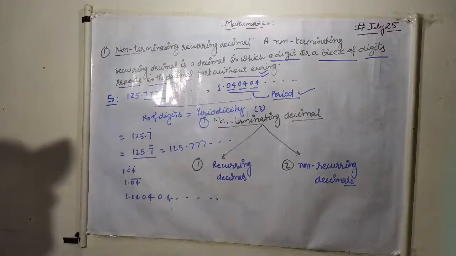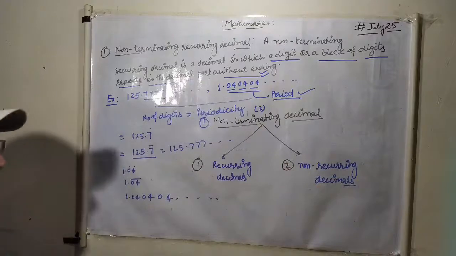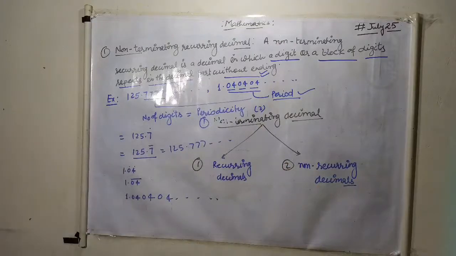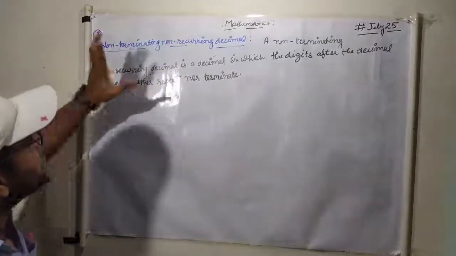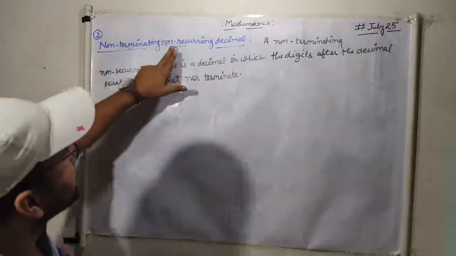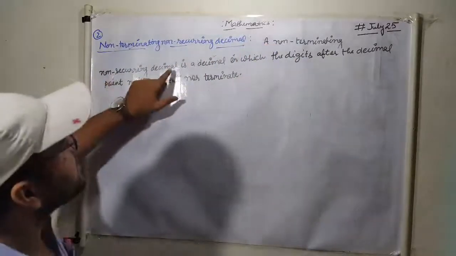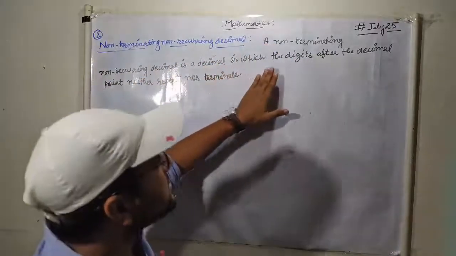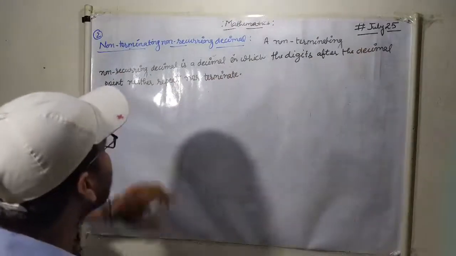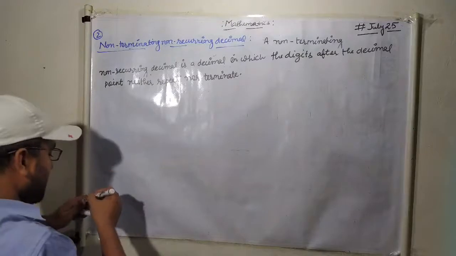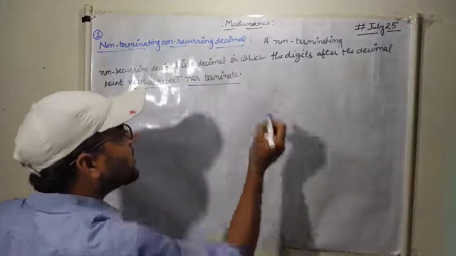Second point is the non-terminating, non-recurring decimal. A non-terminating, non-recurring decimal is a decimal in which the digits after the decimal point neither repeat nor terminate. Very important point: neither repeat nor terminate.